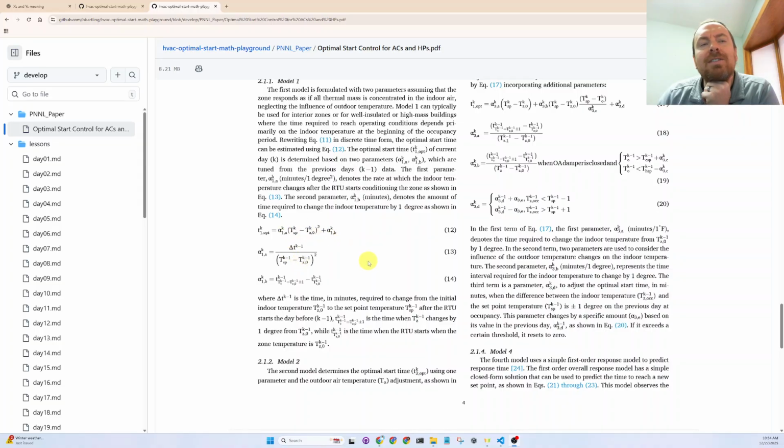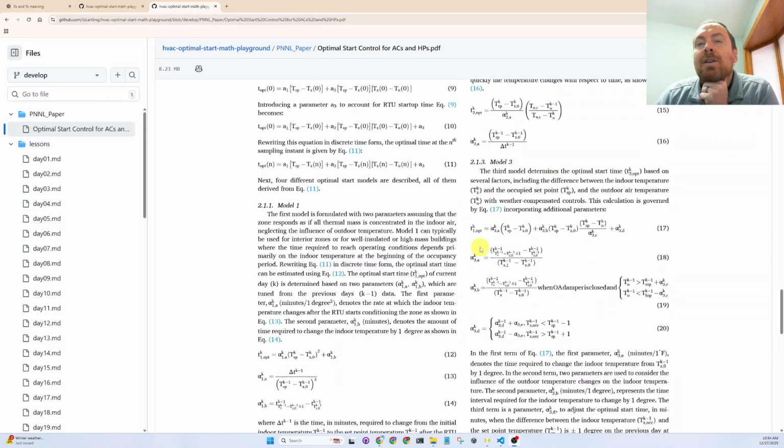And we have 14 days of performance data, so that would be basically how long it took to condition the zone in minutes and the zone temperature at start. So 14 days of data, and we run it through our regression equation that we solve.